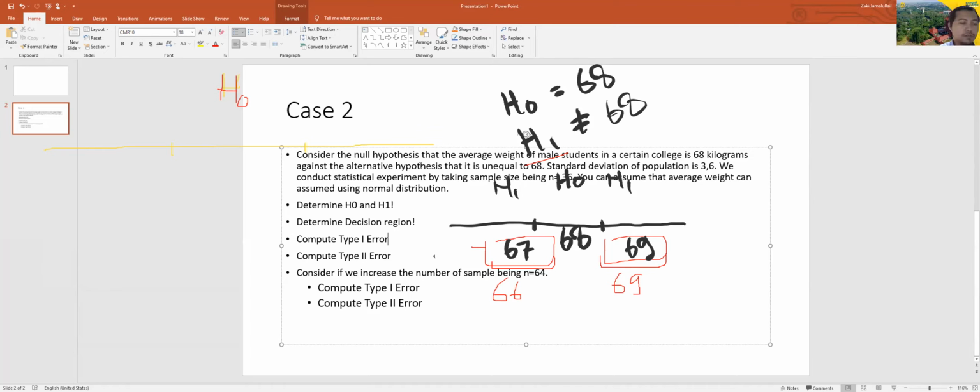For the region of H0, which one? This one. Okay, good. And for H1? This one, sir. Okay, good.